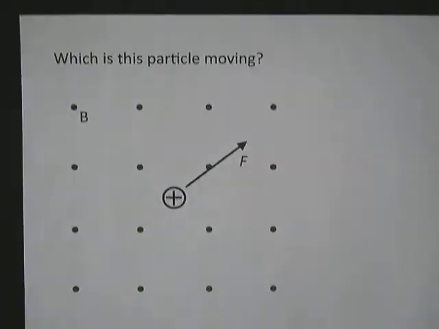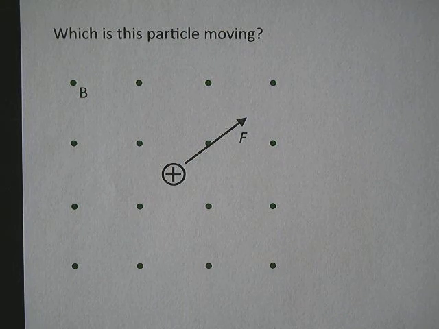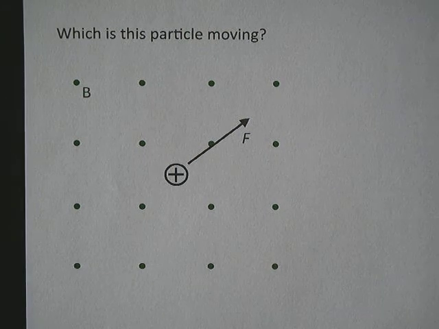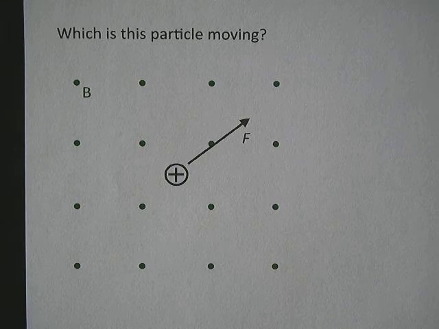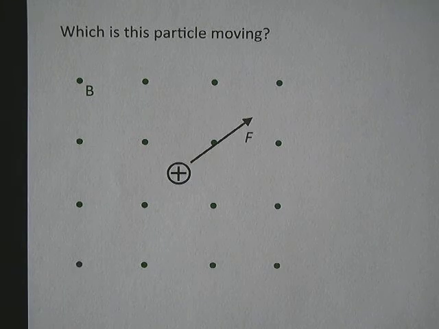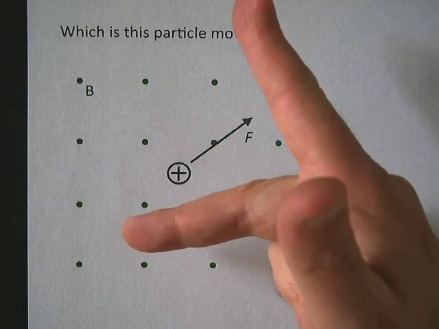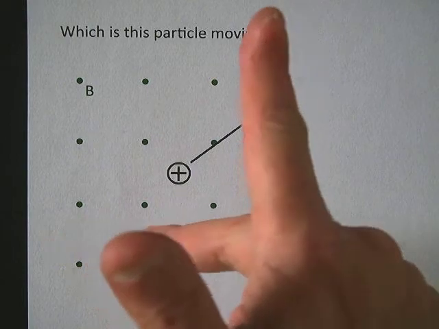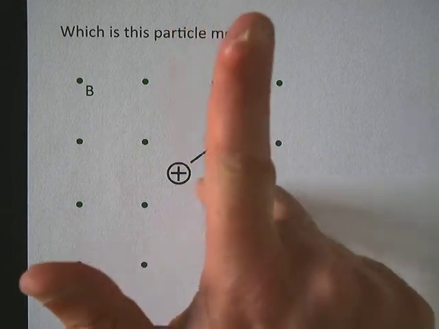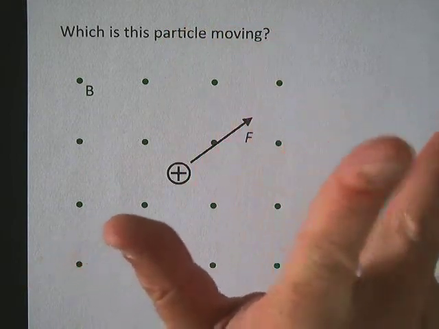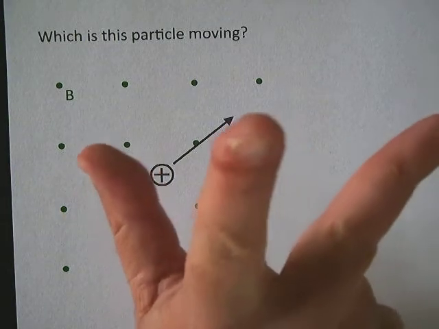All right, here are 2 more. These are slightly trickier, because now instead of having the velocity and the field, I have the force and the field. There are a couple of different approaches you could take here. One is that you can just throw out your fingers, and then you can rotate until they match everything.